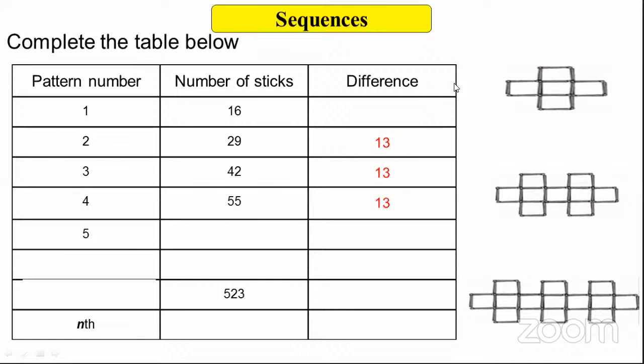Some persons have already generated the nth term. We're going quite well, students. Okay, that's amazing. So we know our fourth term is 55, and in order to go from our fourth to our fifth term, we're going to add the difference. So 55 plus 13, that's 68. Well done, students. So what would our nth term be?